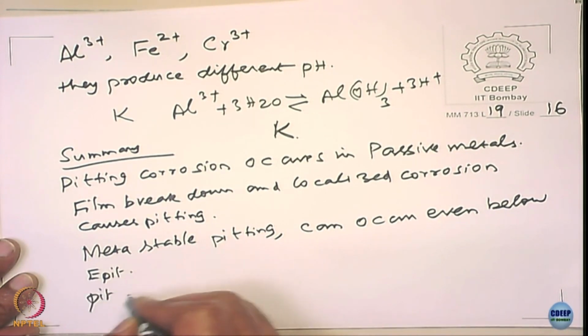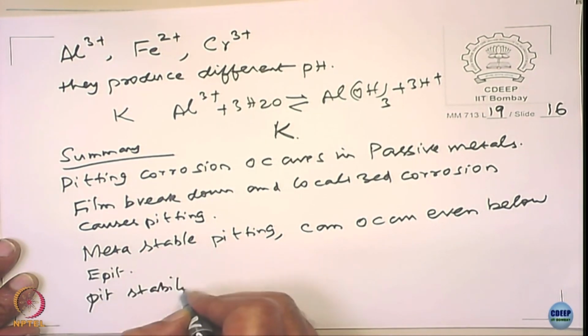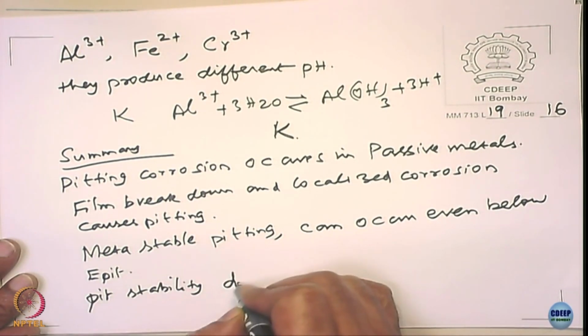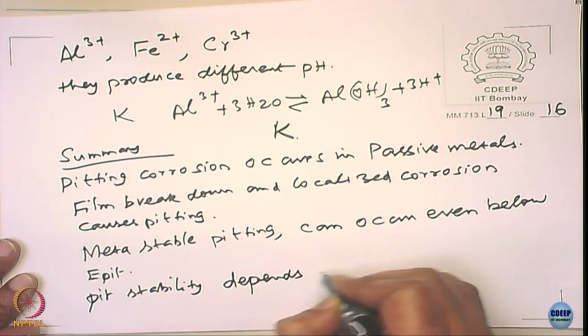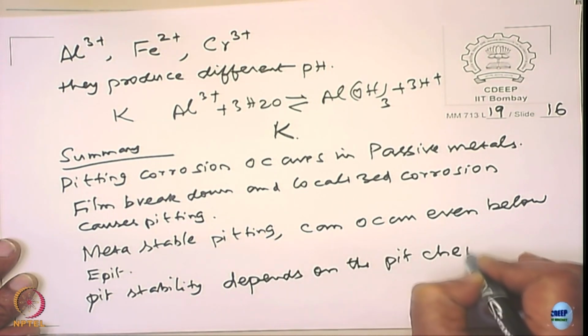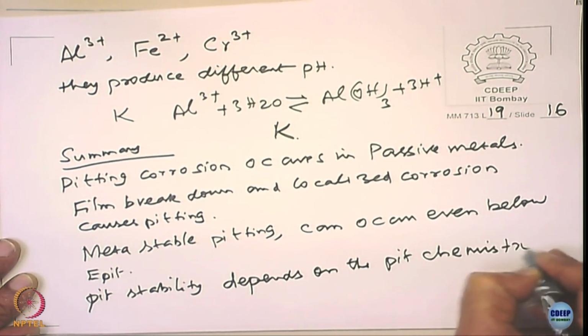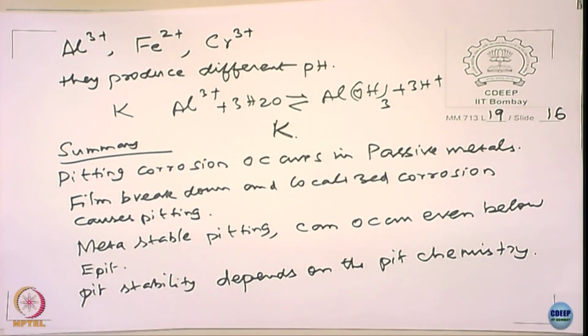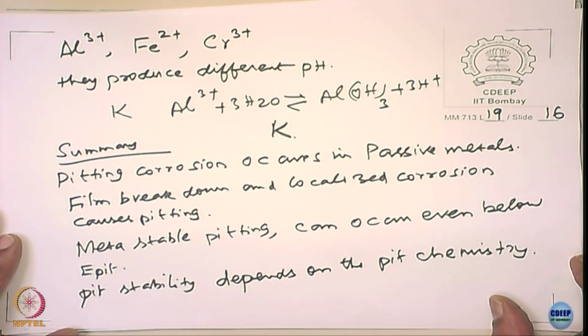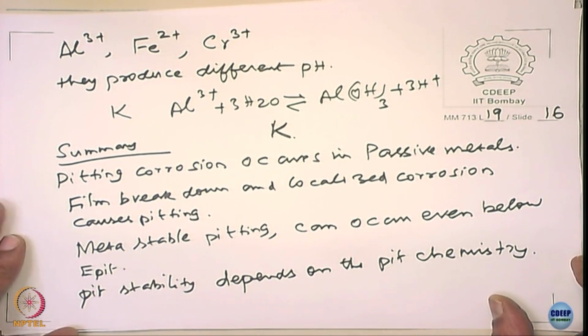Pit stability depends on what? It depends on the pit chemistry. If the pit chemistry is not good enough, then pitting will not occur, right. So the pit stability depends upon the pit chemistry, and pit chemistry in turn depends on what?